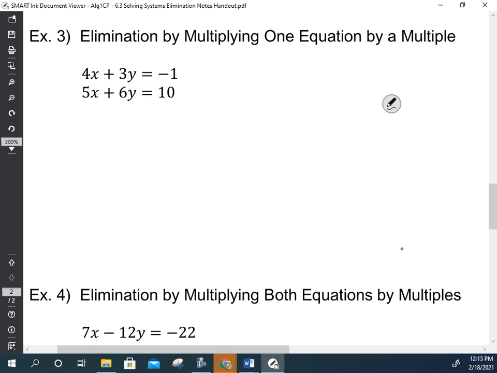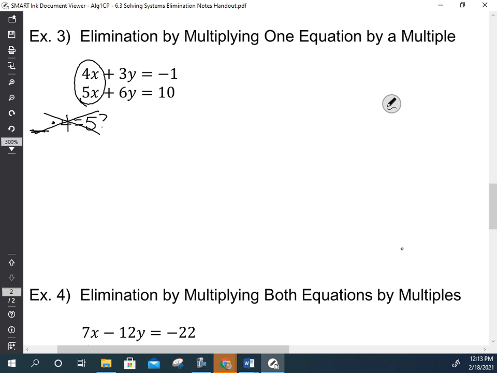So look at the x's. Is there anything times 4 that will give me 5? No. There's nothing times 4 that will give me 5. So that's not going to work out.